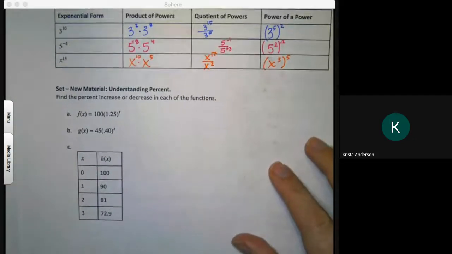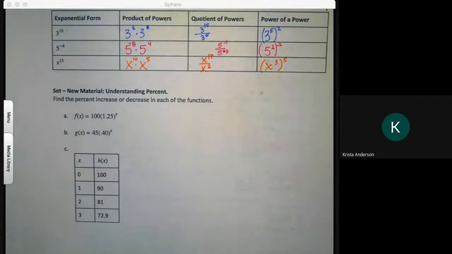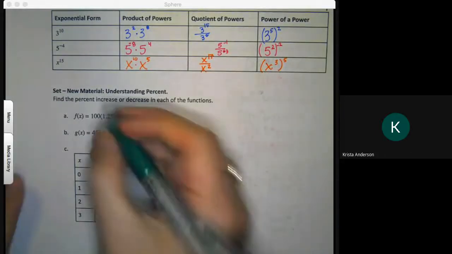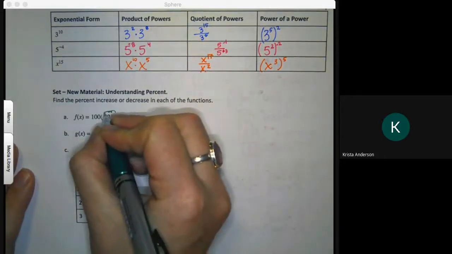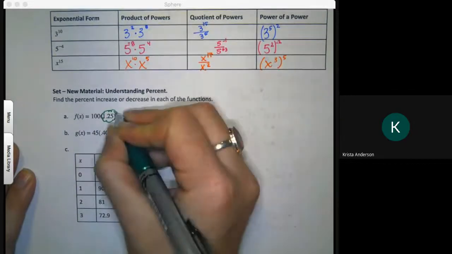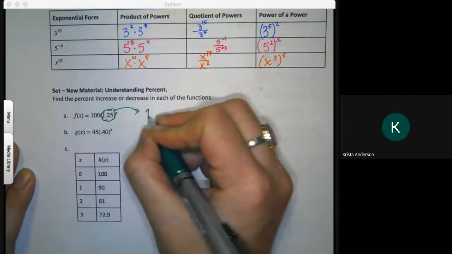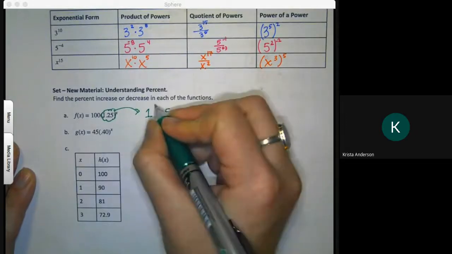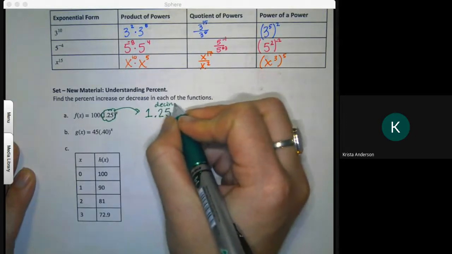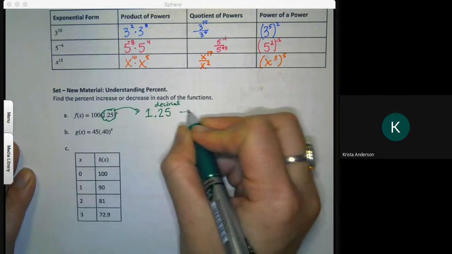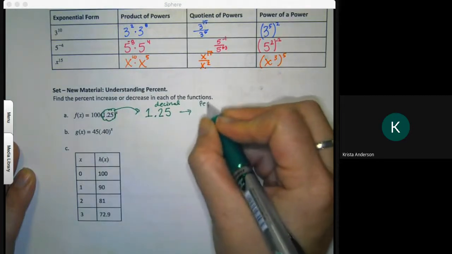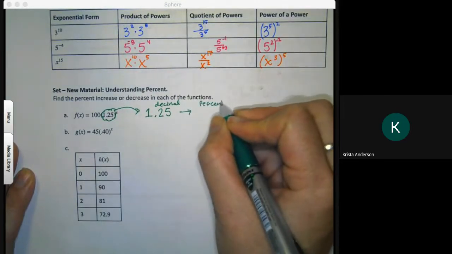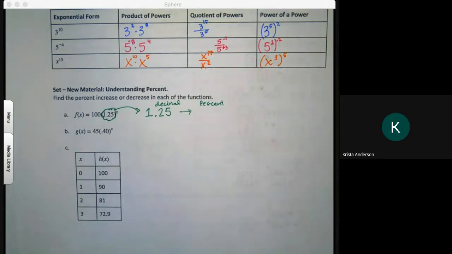Understanding percents. These ones are a little bit weird. Question A, this is your percentage, so I'm going to pull that out. If I write that as a percent, this is a decimal. If I change it to a percent, does anybody remember how many times I moved the decimal point?